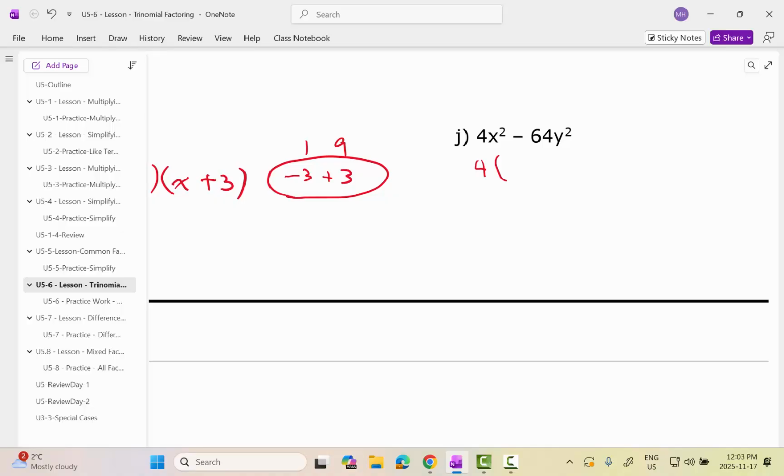So we'll take out a 4 from everything. If I take out a 4, I get x squared. If I take out a 4 from 64, what do I get? 64 divided by 4 is 16. So I have negative 16y squared left.